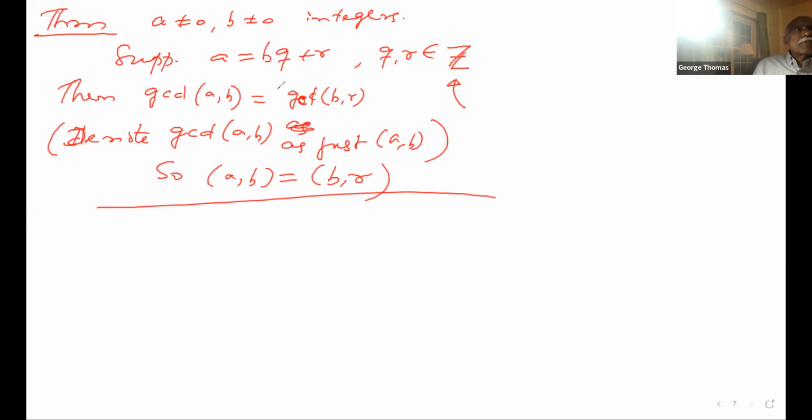The division theorem says that it is possible to write A equals BQ plus R if B is bigger than 0. So if they say A equals BQ plus R, that means that they are assuming B is bigger than 0. So I think I like to push this proof through.